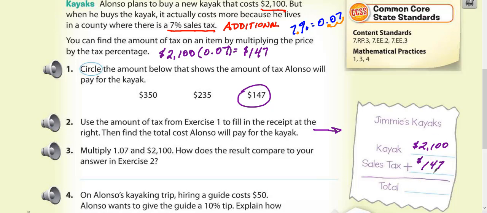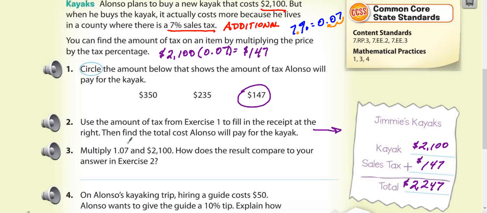The total is what happens when you put those together. So the total amount that Alonzo is going to write a check for, or put on his credit card, or hit his PayPal account up for, $2,247.